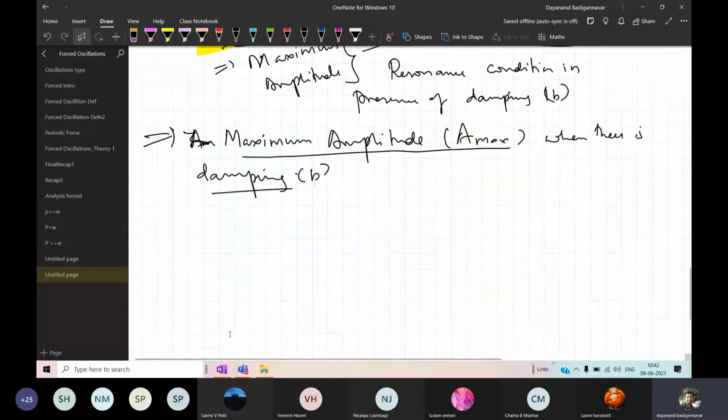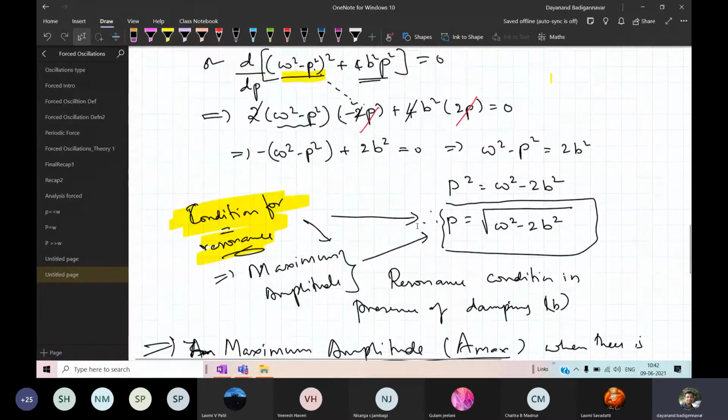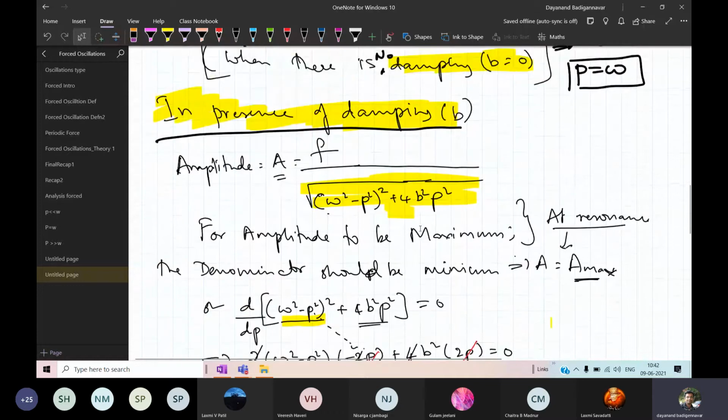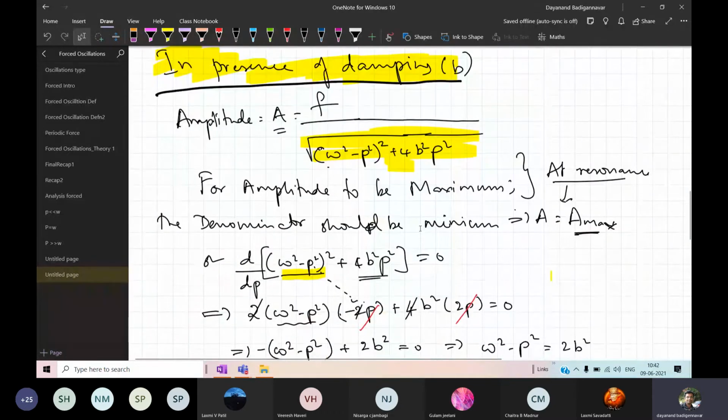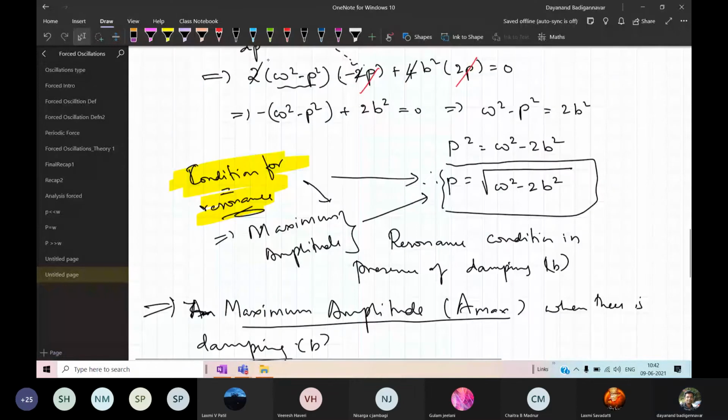Now, I should find the maximum amplitude. What is the amplitude A? In this case, we have found the resonance frequency for damped oscillations, when there is a damping.